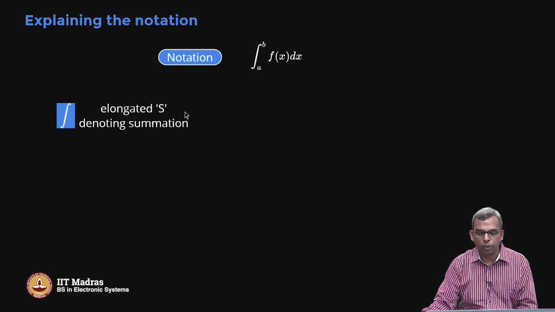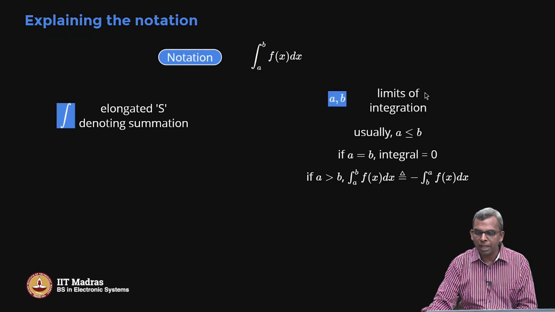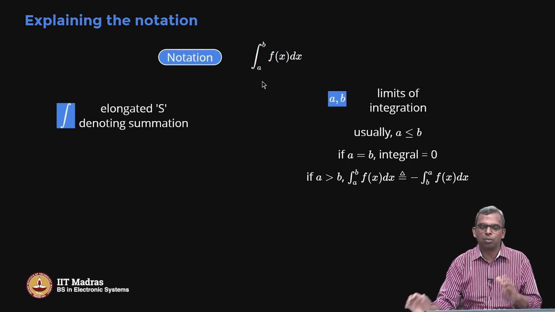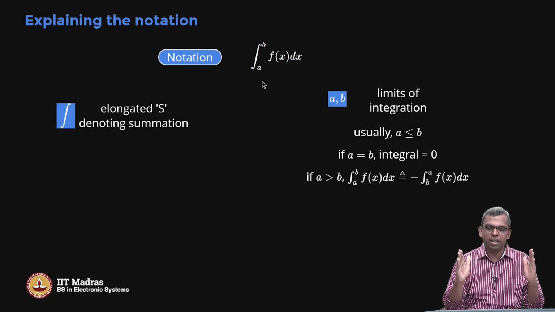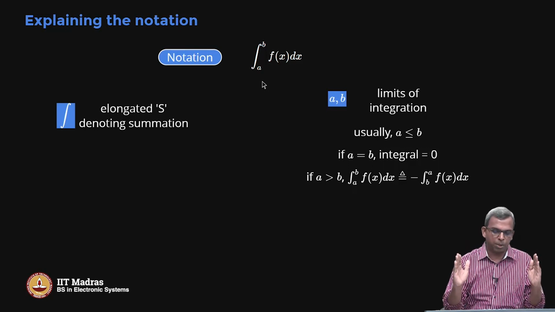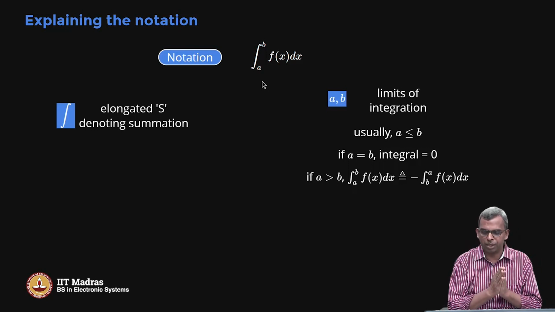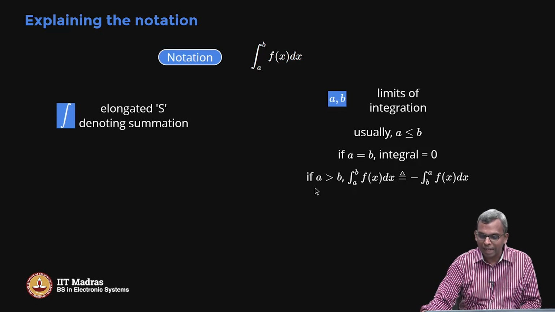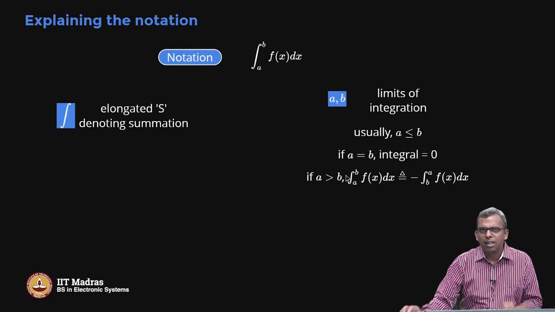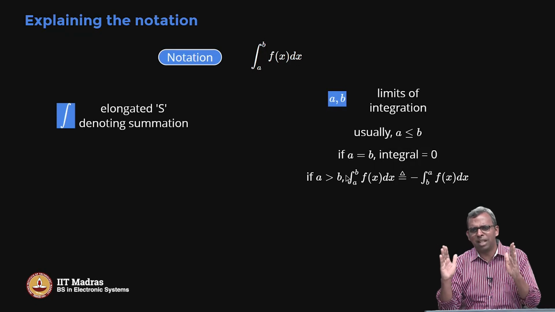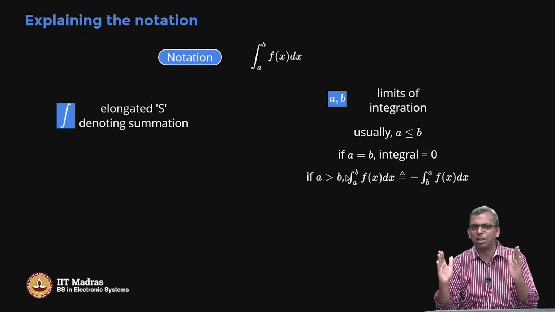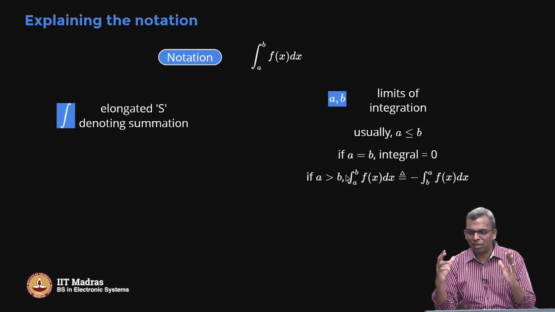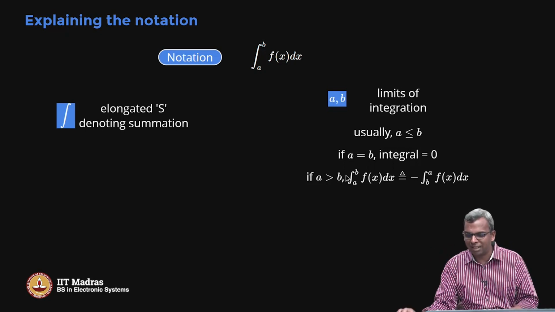That's what it denotes. a and b are the limits of integration, and usually a is less than or equal to b. The way the Riemann sum is defined, we always define it for a less than or equal to b. If a equals b, the integral becomes 0. And if a is greater than b, the area under the curve is still reasonable, but then you have to take some care in the definition of the integral.